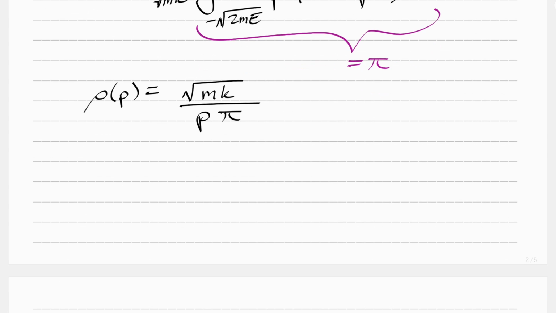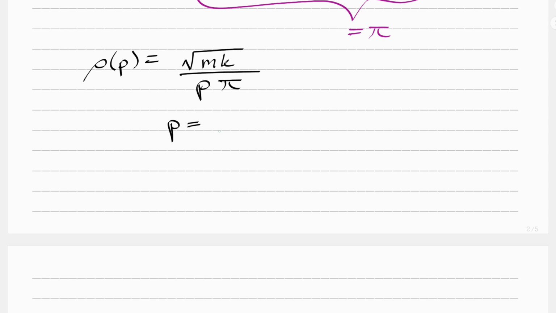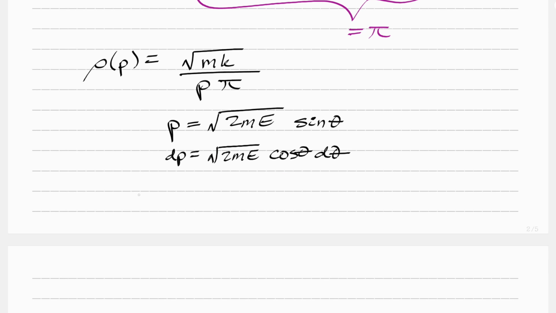If you do want to do the trig substitution, or if you're not allowed to use Mathematica in whatever class you're taking, just set p equal to square root 2mE times sine of theta. We're going to make a trigonometric substitution. Therefore, dp is obviously equal to square root 2mE times cosine theta d theta.